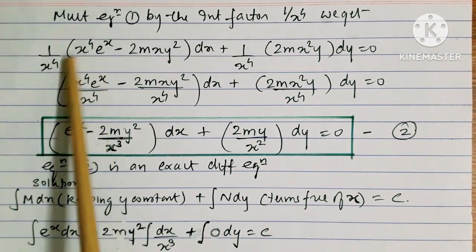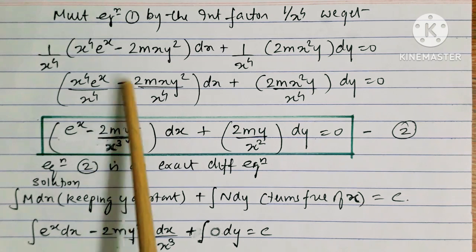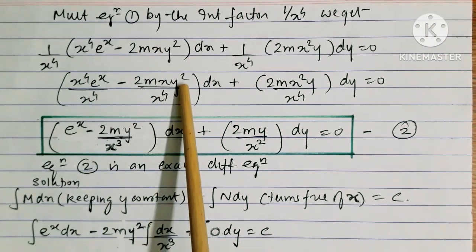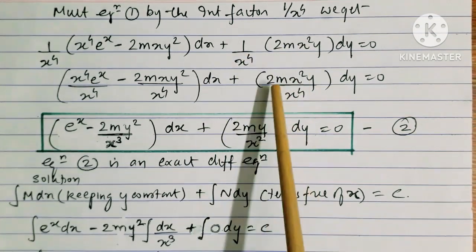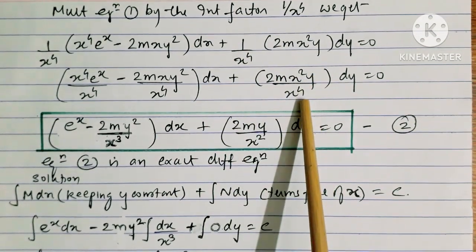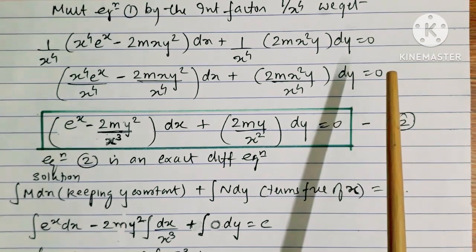Now, this would be x raised to 4 into e raised to x upon x raised to 4 minus 2m xy square upon x raised to 4 dx plus 2m x square y upon x raised to 4 dy is equal to 0.